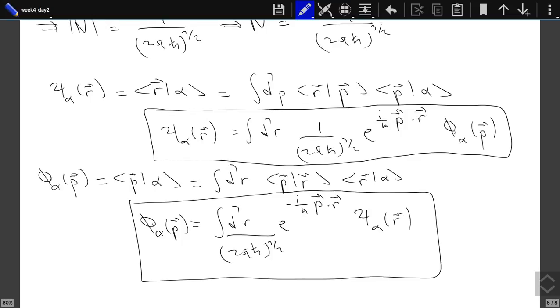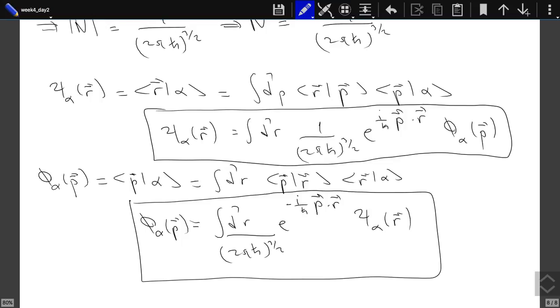Of course, the expansion coefficients will look different, nevertheless they are describing exactly the same ket. And these so-called wave function in position space and wave function in momentum space are basically different representations of the same ket.